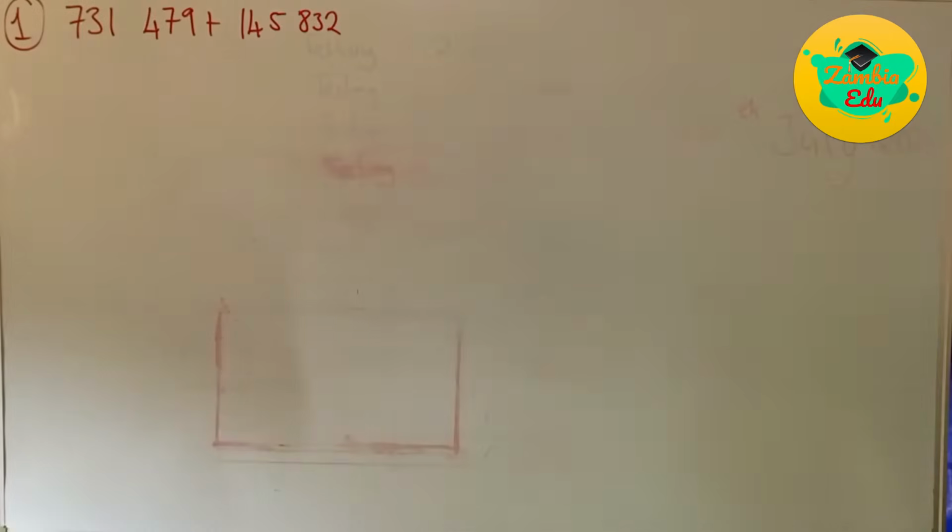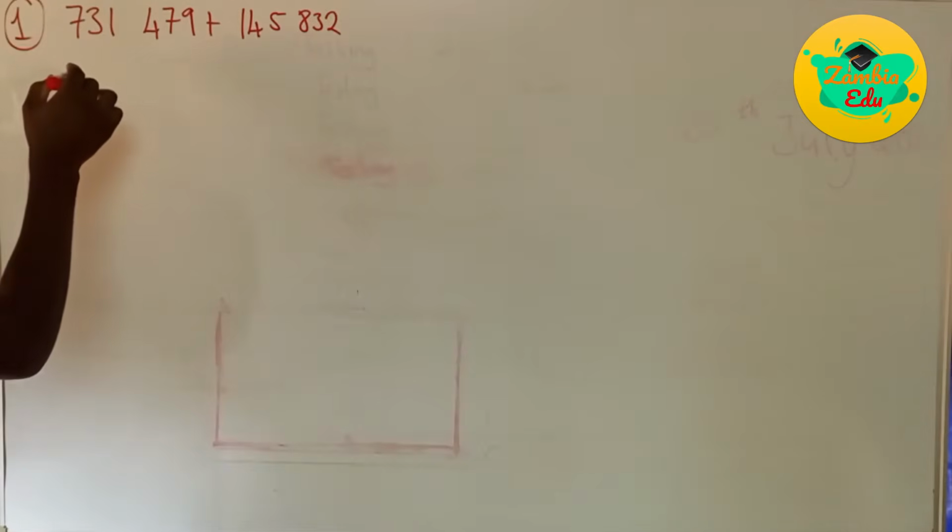So it was requiring us to add 731,479 plus 145,332. To solve that straight away, what was required of us?